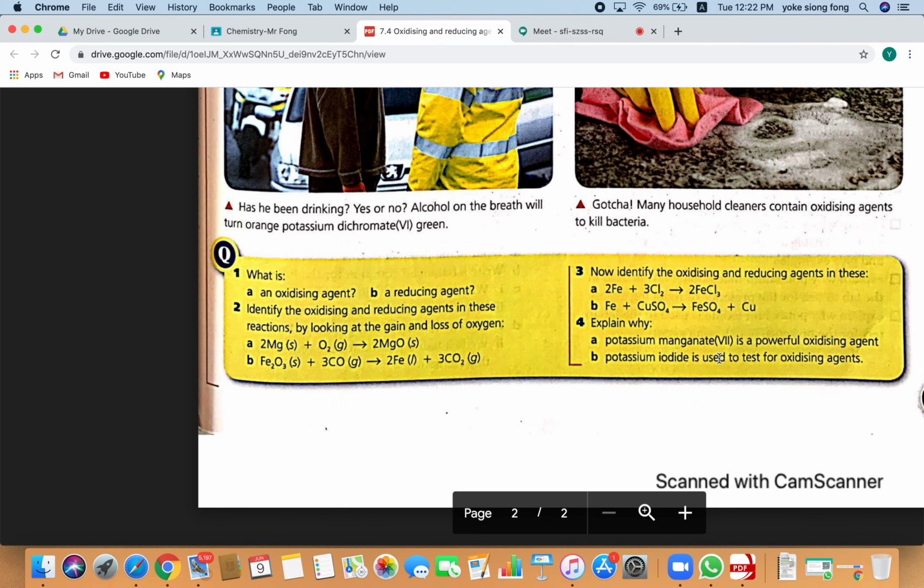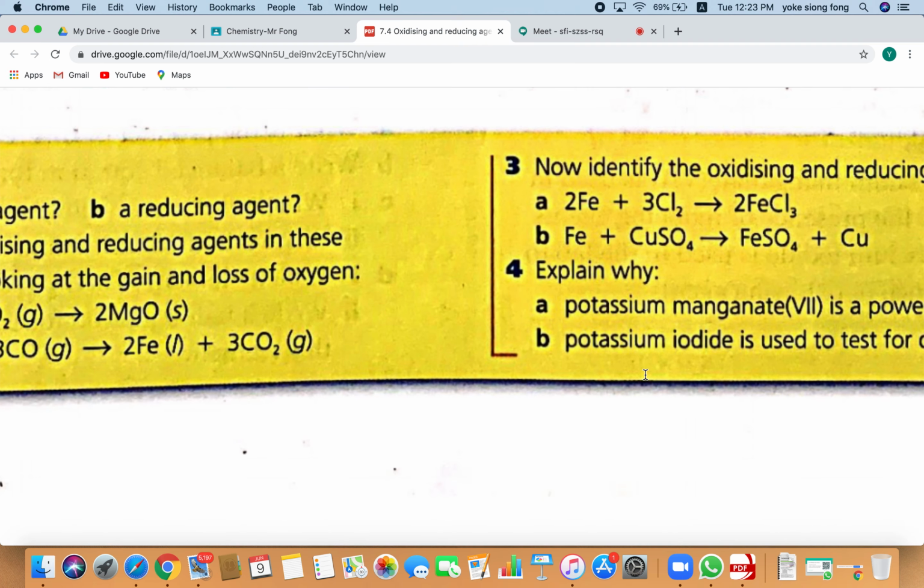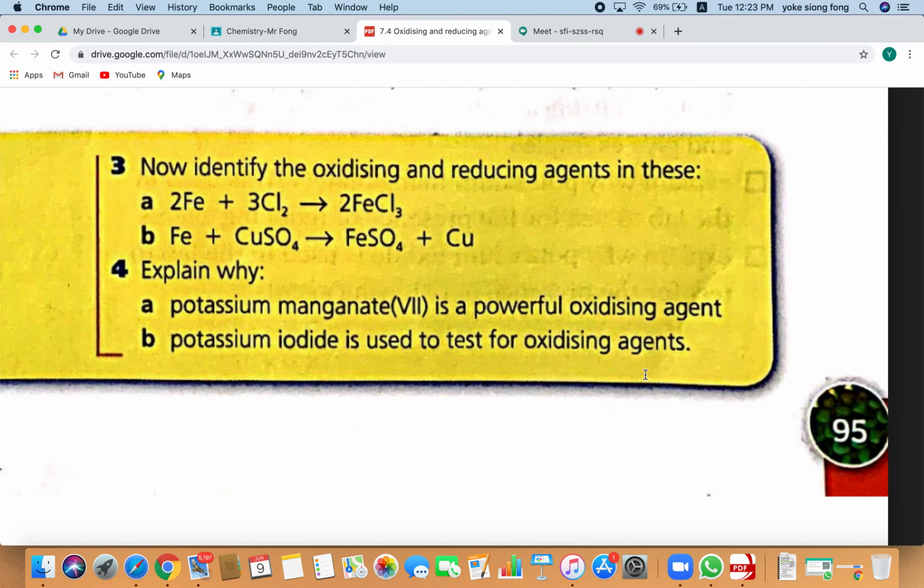How about potassium iodide? It is used to test for oxidizing agent. If I say potassium iodide is used to test for oxidizing agent, it means this potassium iodide must be the reducing agent first. One more time: explain why potassium iodide is used to test for oxidizing agent.